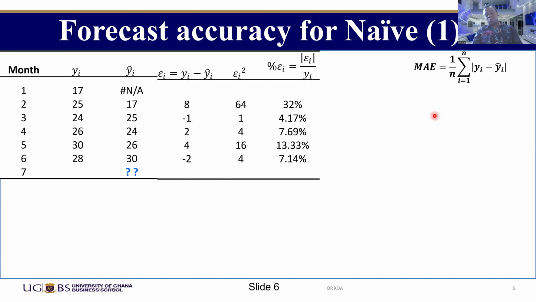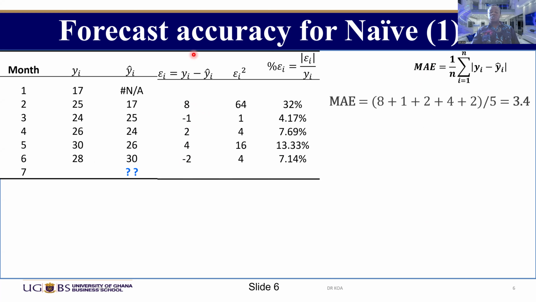Okay, so you get 11. Is it? Let me see. 8 plus 2 is 10. 10 plus 4 is 14. 14 minus 3, yeah, it seems like it's 11.